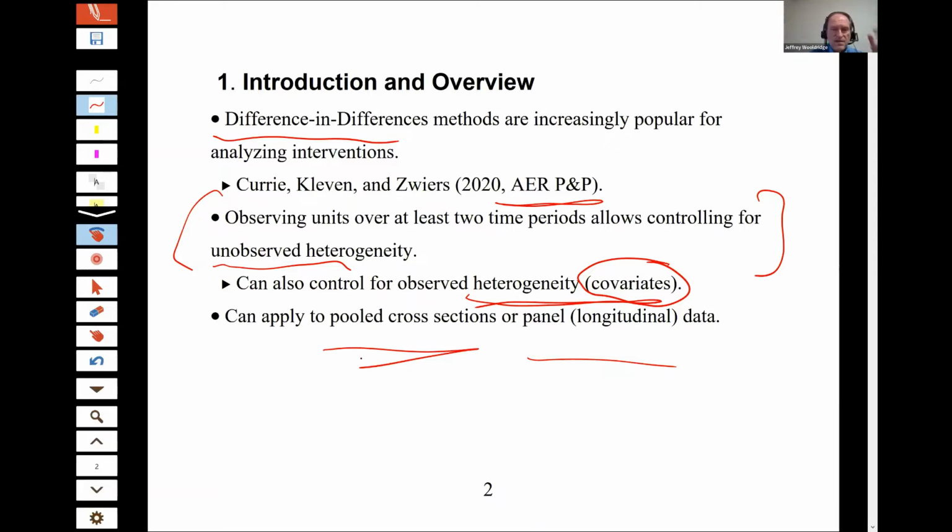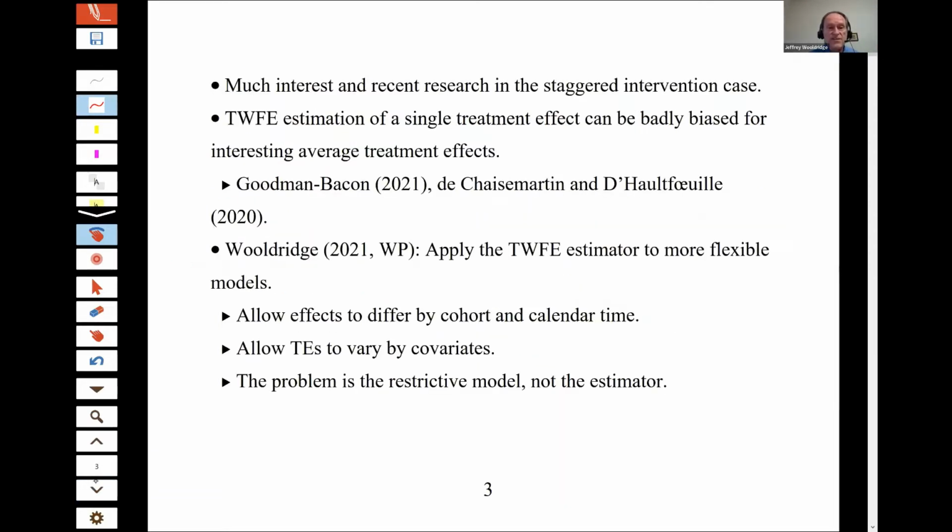We're interested in estimating what we would call a contrast, which is a linear combination of averages across different groups. The panel data case, like I said, is where most of the recent research in econometrics has focused, though not all of it.